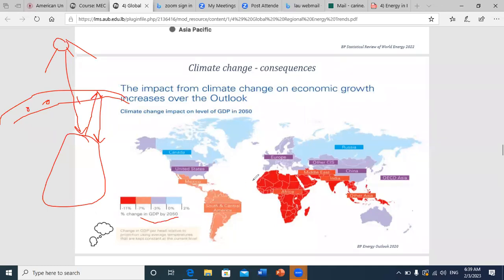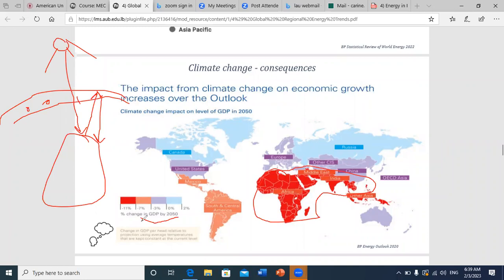And we know that Africa, the Middle East, India, in this region, we have already high temperatures. And with the change of climate, we'll have higher and higher temperatures, which will, as we discussed, reduce the productivity, reduce the economic benefit, and increase the energy consumption.